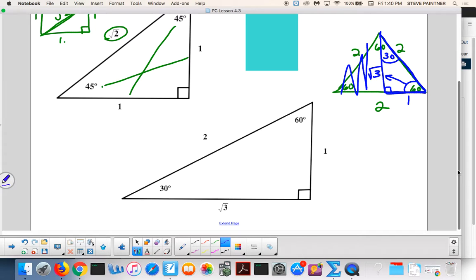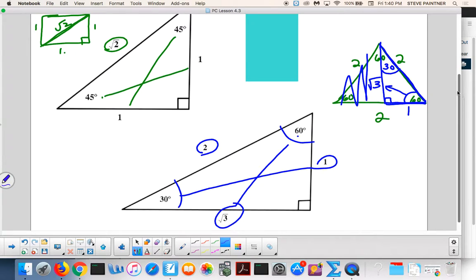Okay, memorize it. In a 30-60 triangle, make this number easy, make it 2. What's opposite of 30? Half of that number, 1. Then what's opposite of 60? Always square root of 3. You can use the Pythagorean theorem and get all this, but I'm not going to take that time. That's your relationship.